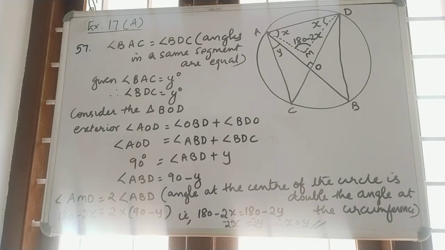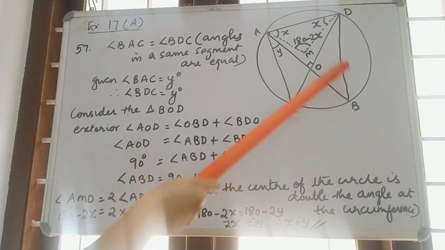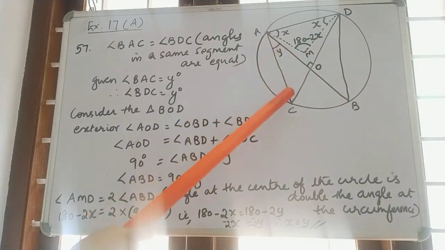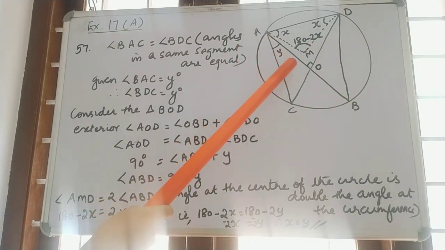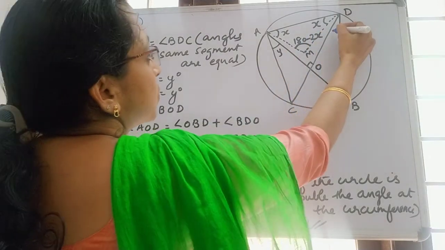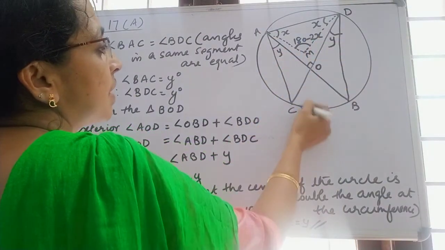Next, look at angle BAC and BDC. They lie in the same segment BC. So BAC and BDC, these two are equal. Given BAC is Y, BDC also will be Y, because angles in the same segment are equal.